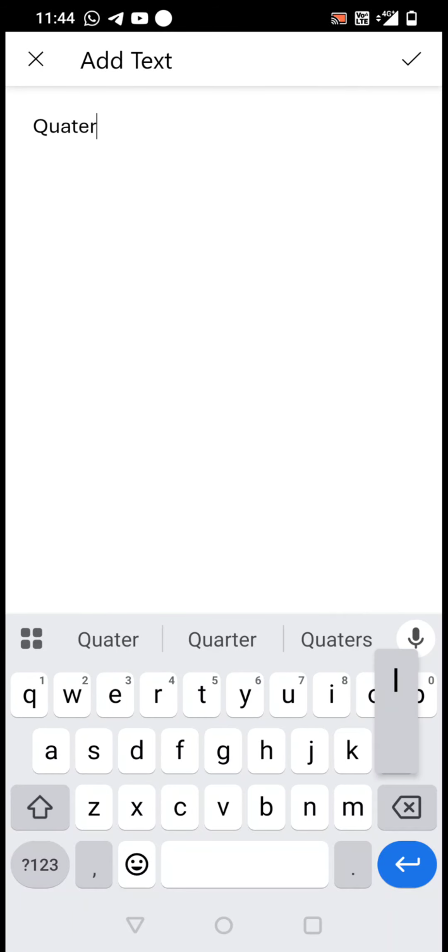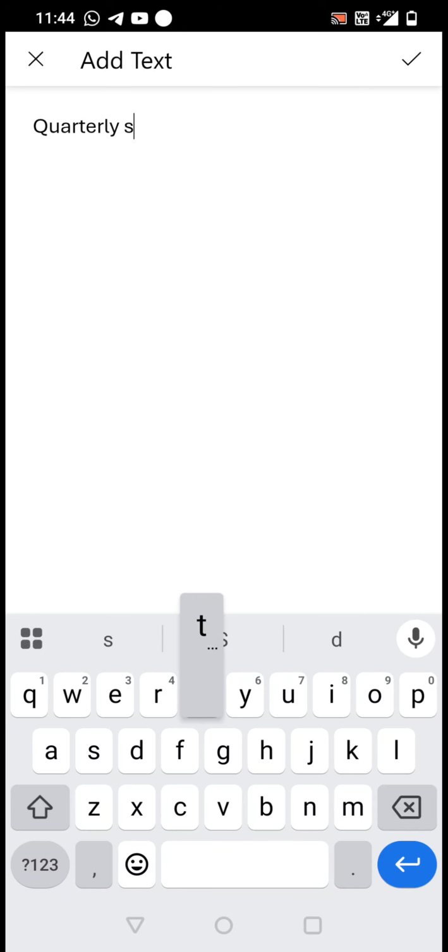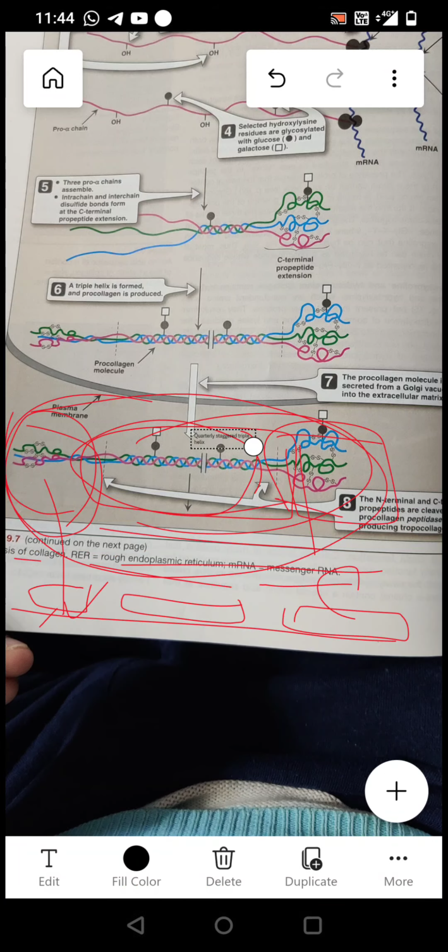Quarterly staggered triple helix. So this is very important to remember.